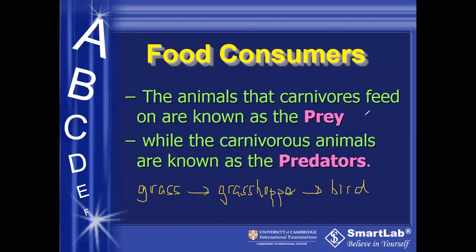So in this case, the grasshopper is the prey to the bird, and the bird is the predator of the grasshopper. So we'll move on to the next part.